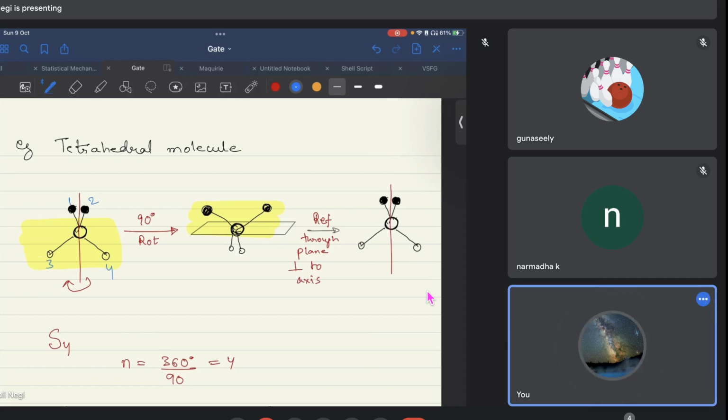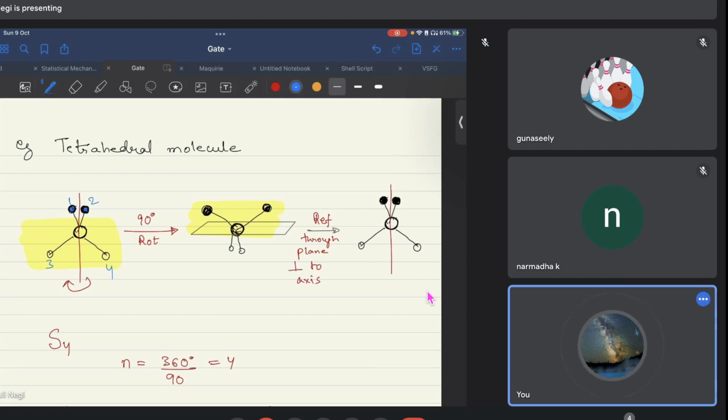Just think about it: I have denoted this as black and this as black because I wanted to give you the rotational insight, because I am not using any model, I am doing it on a two-dimensional paper sheet, correct? So what I did is a 90-degree rotation. After rotation, this one is coming above your paper sheet.